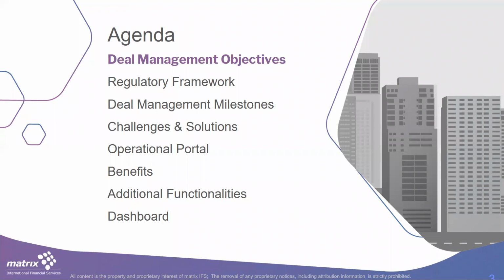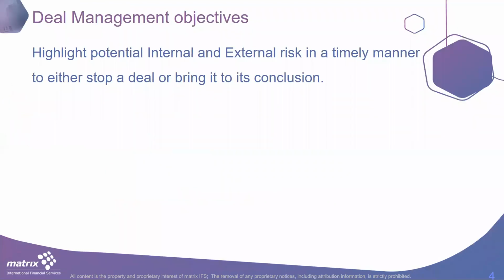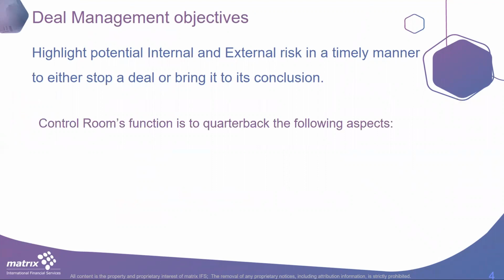So looking at the deal management objectives, if we can summarize it in one phrase, its objective is to highlight potential internal and external risk in a timely manner to either stop a deal or bring it to its conclusion, basically having the ability to quarterback the following aspects.